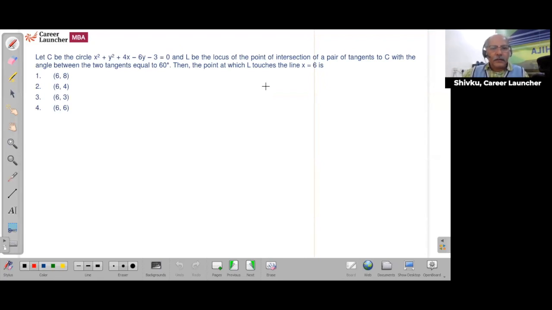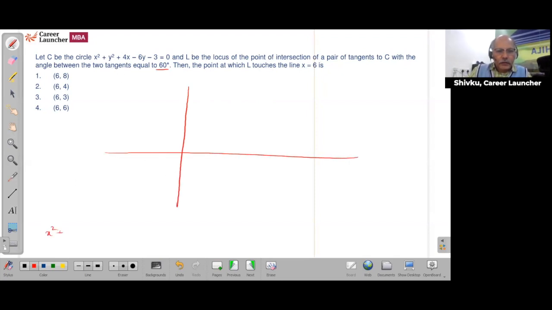Let C be the circle x squared plus y squared plus 4x minus 6y minus 3 equal to 0, and L be the locus of the point of intersection of a pair of tangents to C with the angle between them as 60 degrees. Then the point at which L touches the line x is equal to 0 is. Okay. So this is a circle.